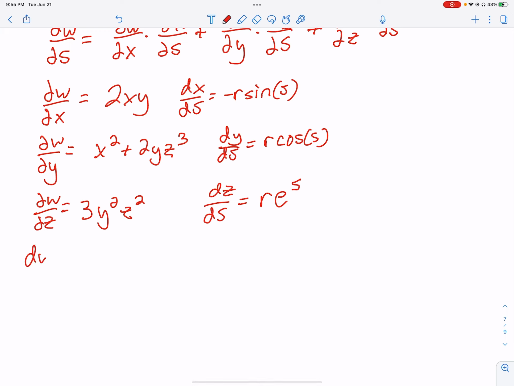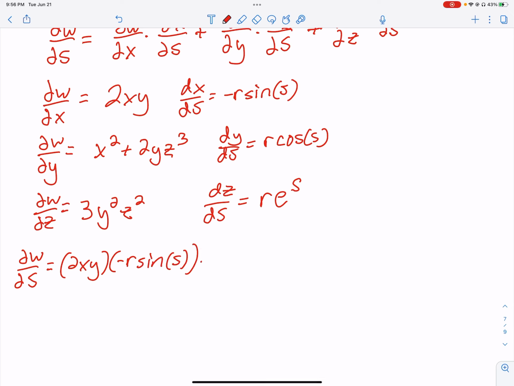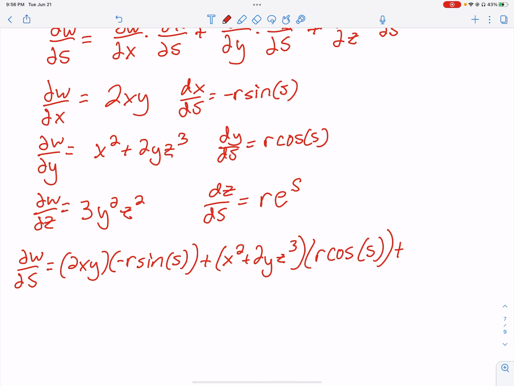So we get the partial of w with respect to s is going to be 2xy times negative r sine s, plus x squared plus 2yz cubed times r cosine of s, plus 3y squared z squared times r e to the s.